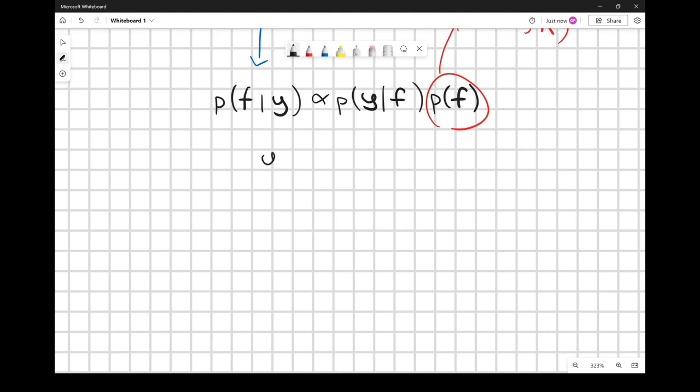We hypothesized the model that the ith observation is equal to the response of our model evaluated at xi plus some Gaussian noise. And that noise is zero mean and has variance sigma squared.